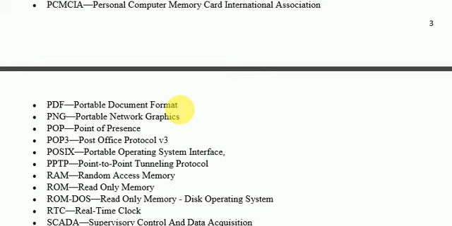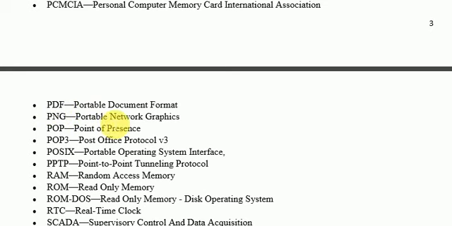Students are always confused. We say PDF file, but PDF stands for portable document format, so PDF file would be redundant. So always remember, the last word is not file, it's format. This is very important, that's why I am telling you this point.